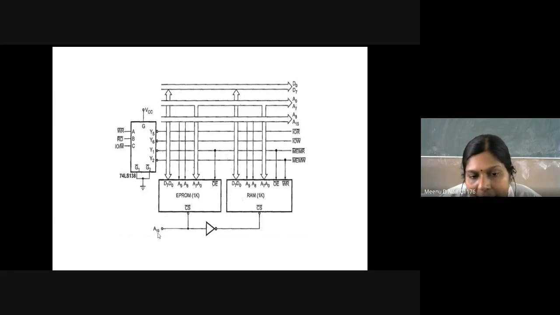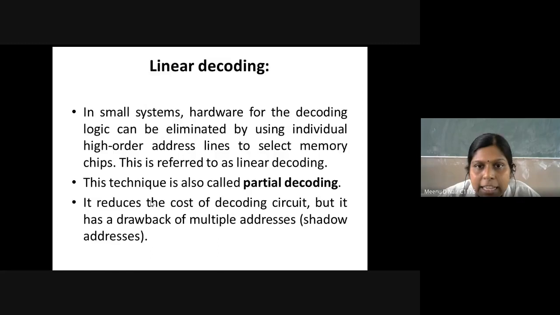If A15 is 0, the EEPROM will be selected. If A15 is 1, the RAM will be selected. That is what is happening in linear decoding, or partial decoding, and this is used in small systems.